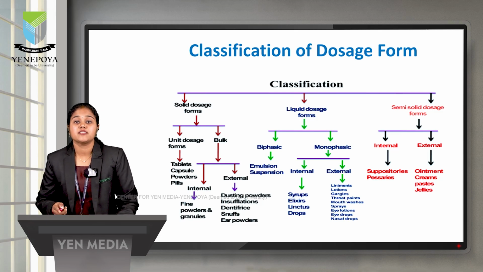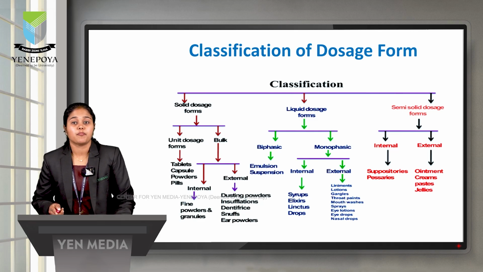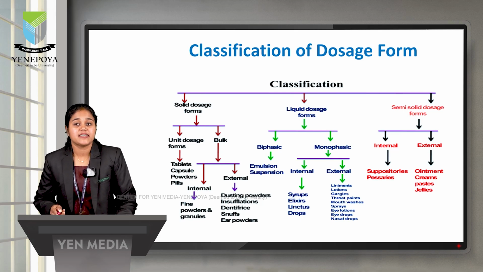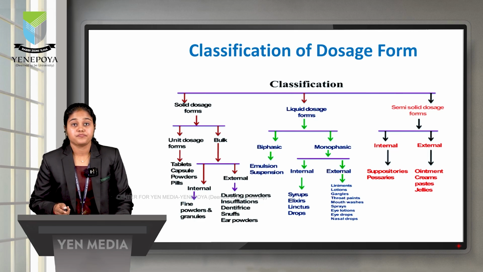The next main classification is semi-solid dosage form, which is for internal use and external use. For internal use, suppositories and pessaries are examples. For external use, everyone knows ointments, creams, pastes and gels, which all come under semi-solid dosage form for external use.